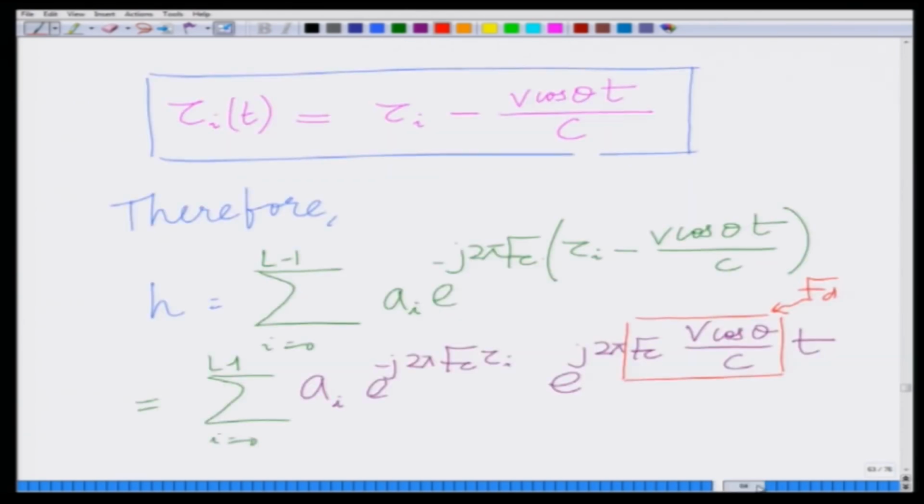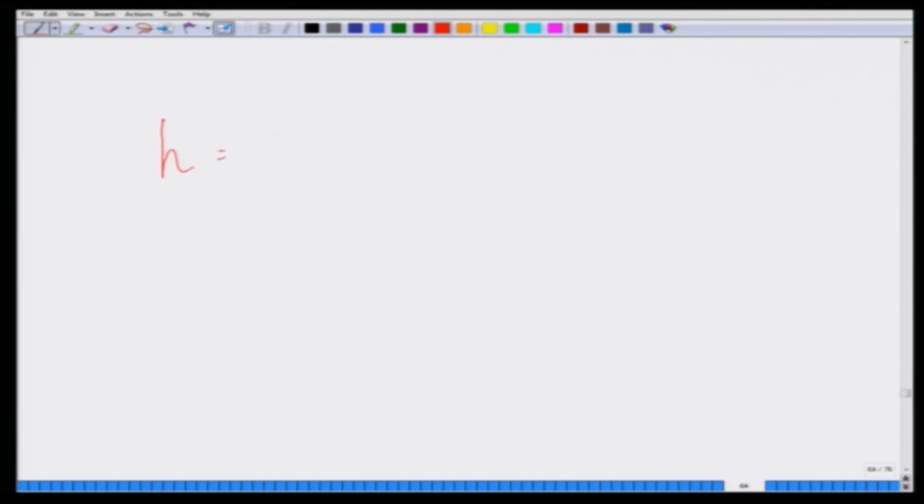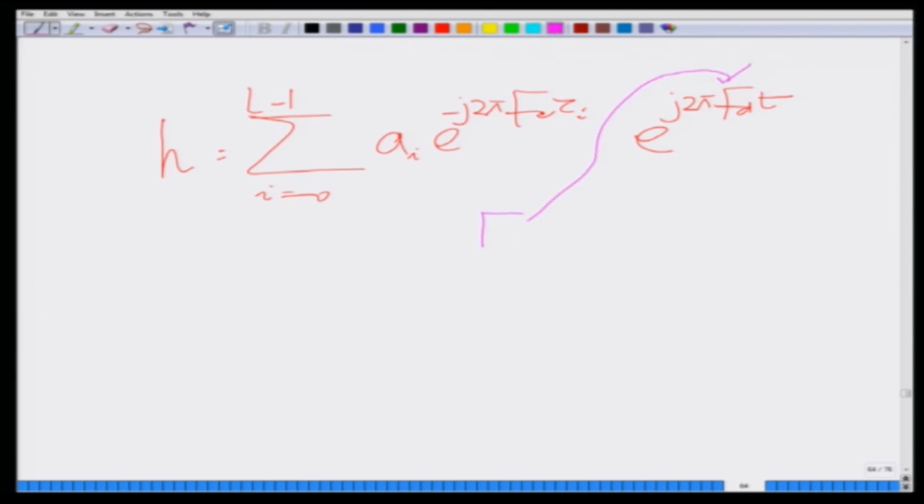Therefore, we can simplify h as the summation i equal to 0 to L minus 1 of a_i e to the power of minus j 2 pi f_c tau_i times e to the power of j 2 pi f_d t, where f_d equals the Doppler frequency.